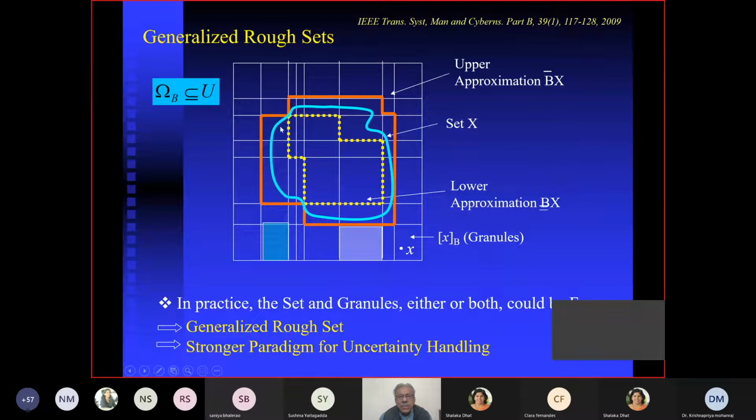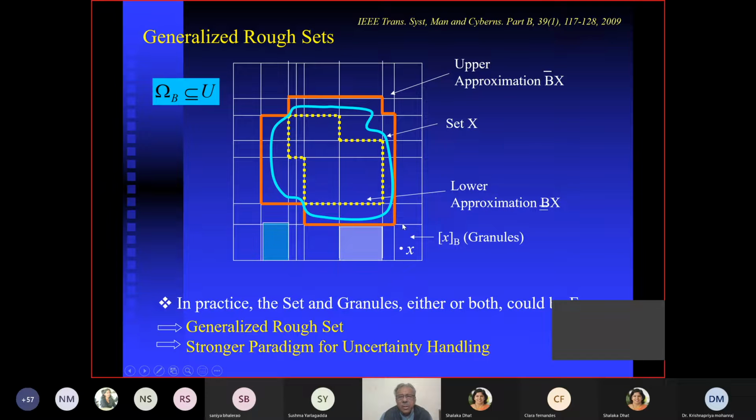That means granules definitely belonging to this set, as marked by the orange line and the green line. They indicate the granules definitely belonging as well as possibly belonging. These upper granules minus lower granules I call boundary granules. So they create problems in making a decision or in defining the set.